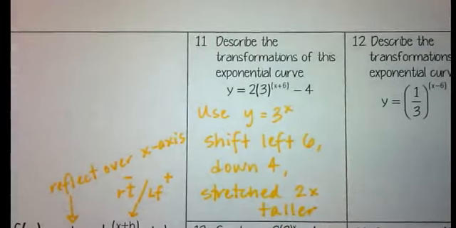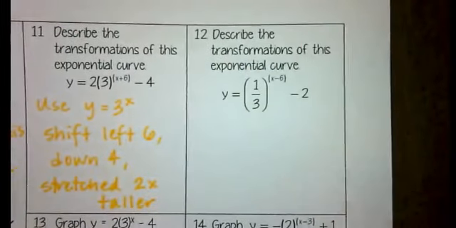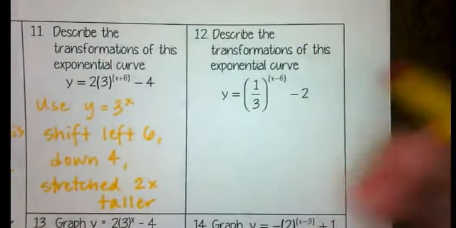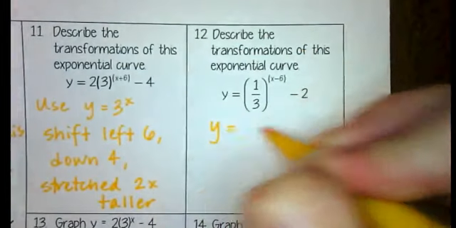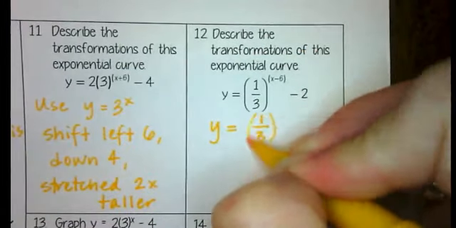All right, number 12. Describe the transformations of this exponential curve. So again, we always have to have a base number. So in this one, our base function is (1/3) to the x. Now remember, if we have a fraction, we have to have it in parentheses there.